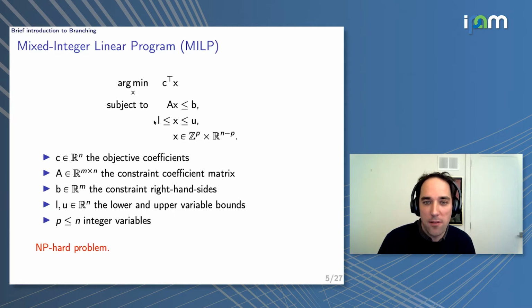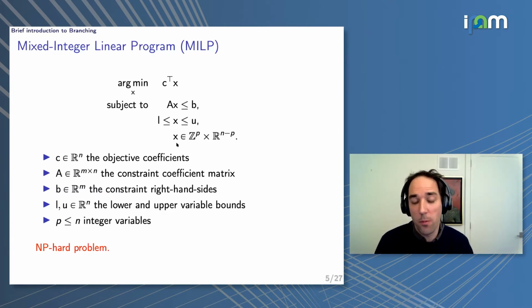You have lower and upper bound constraints on x, and in particular, it's an integer program because a subset of the variables need to respect an integrality constraint. In general, this is an NP-hard problem, and while we have solvers that can solve lots of small-scale instances, it's still very hard to solve larger-scale instances.